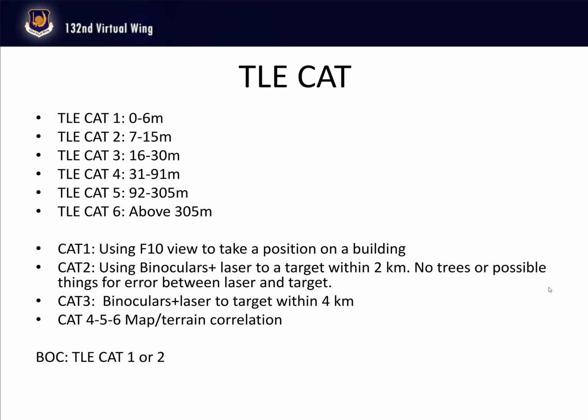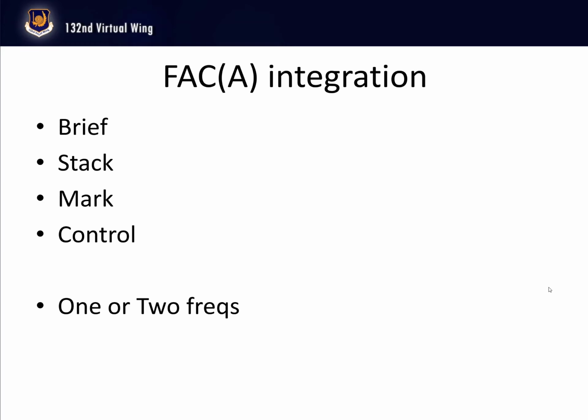FAC(A) integration, slide 32. As I said before, between JTAC and FAC(A), there can be 4 types of clearances.